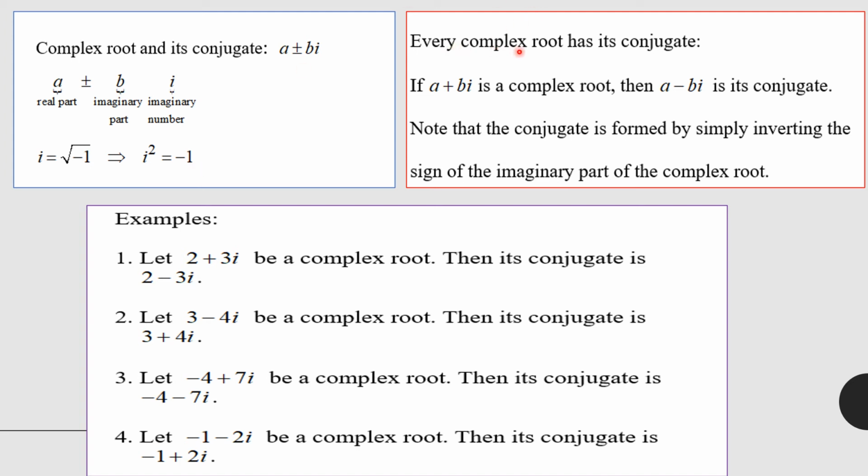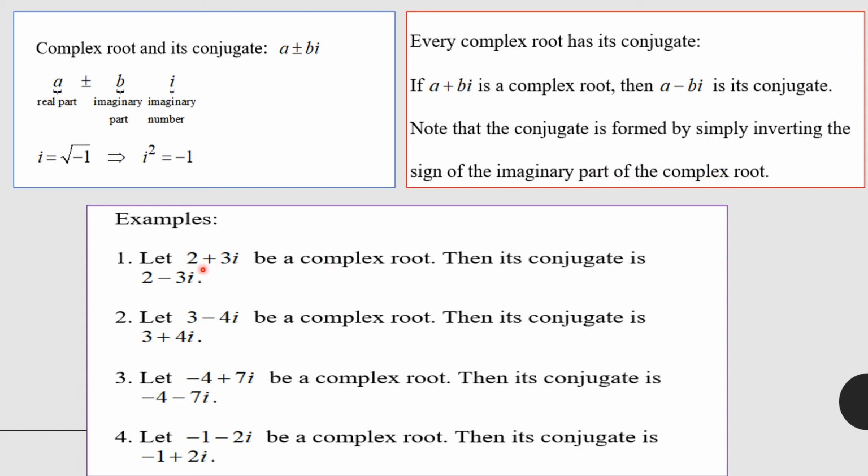Every complex root has its conjugate. In other words, if a plus bi is a complex root, then a minus bi is its conjugate. The conjugate is formed by simply inverting the sign of the imaginary part of the complex root. What does this mean?